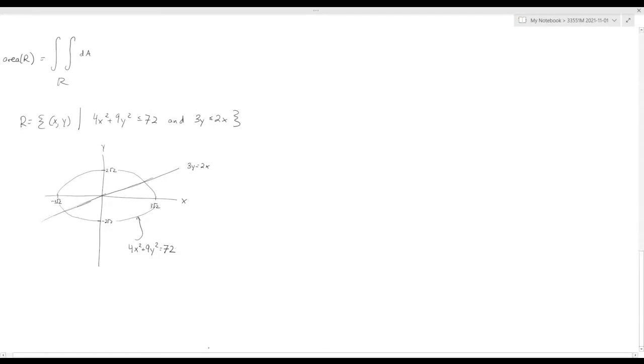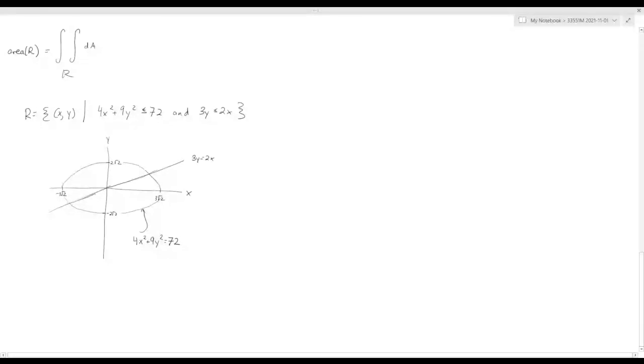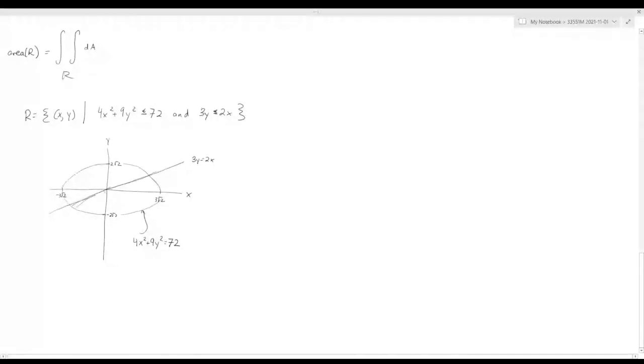And here we're inside the ellipse and below this line. So we're talking about this region as our region of integration. So that's R.